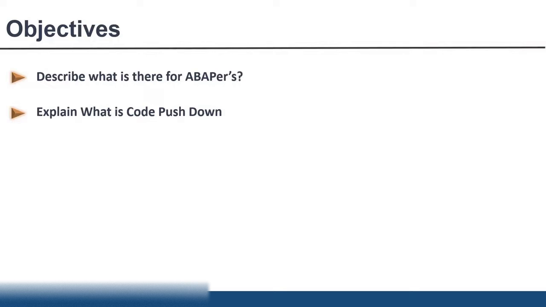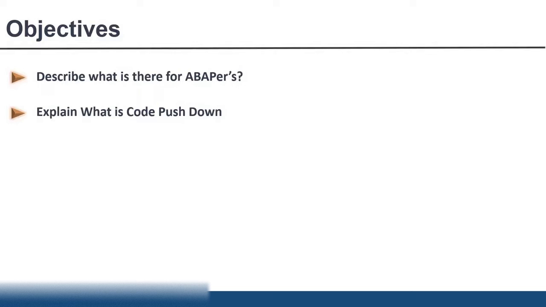I'm sure by this time you must have already watched the first four videos for introduction to HANA. And in those videos, you have already learned what is HANA, why we need HANA, what are the features of HANA, what you can do with HANA, what is the architecture of HANA, what is S4 HANA, what are the different replication techniques for HANA.